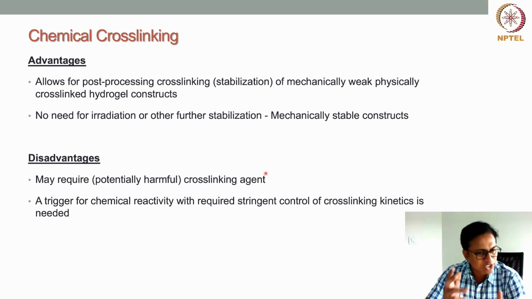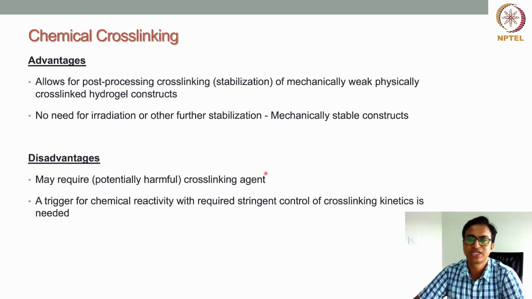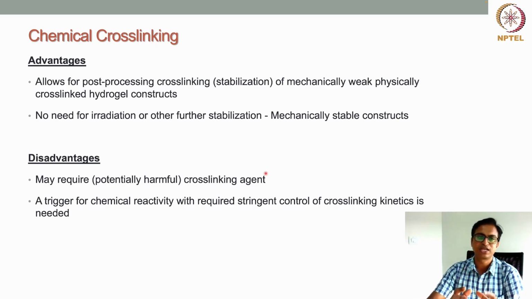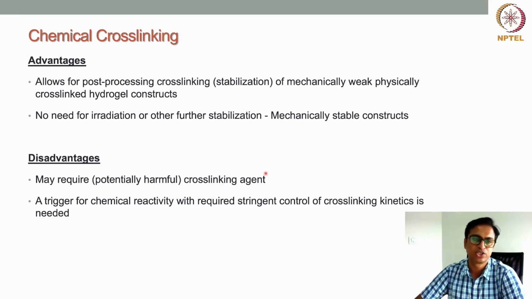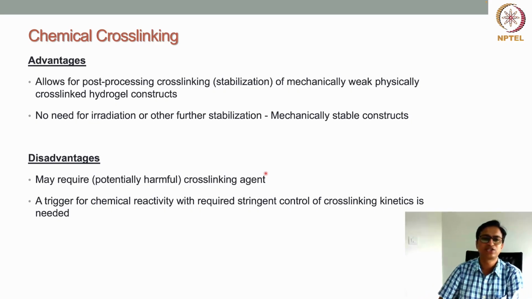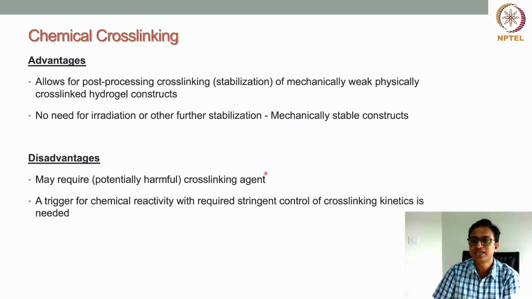So we can introduce some chemical cross-linking once the structure has gelled because of the physical cross-linking, so that the structure gets stabilized and its mechanical property is further improved. And once the structure is chemically cross-linked, there is no further need for irradiation or other stabilization, and we get a mechanically stable construct. That's the advantage of chemical cross-linking.